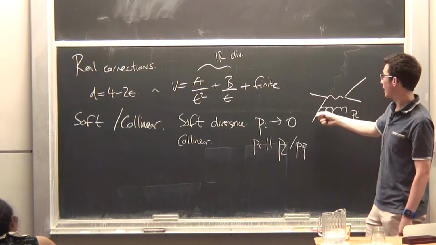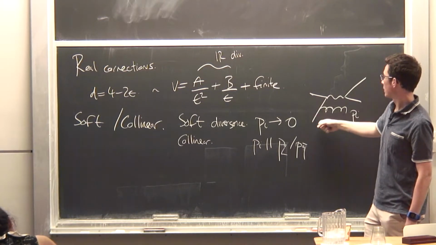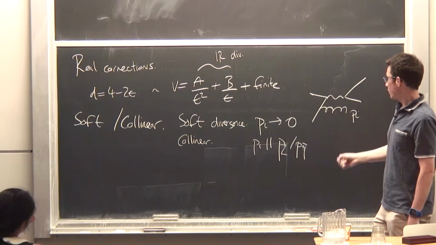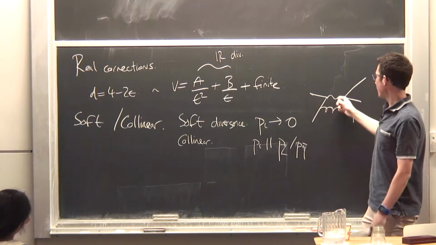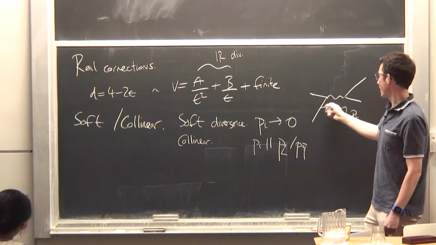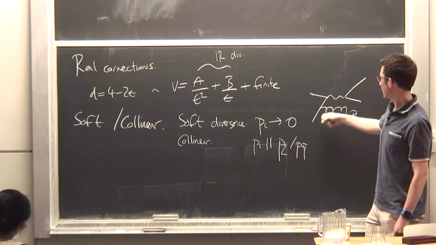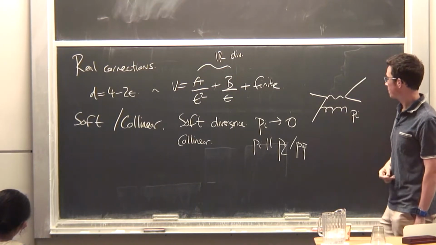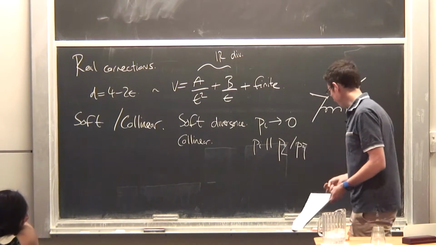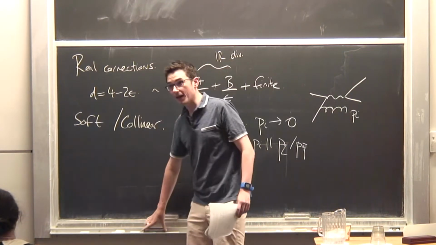Basically, there's 0 angle of emission between the quark and the gluon, or the anti-quark and the gluon. So you see, the soft one can live anywhere. The gluon can be anywhere in phase space and just go soft, so it has no angular constraints. And this one is constrained more kinematically by an angle dependence.